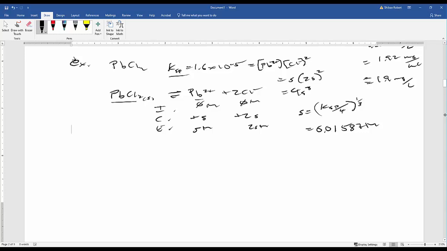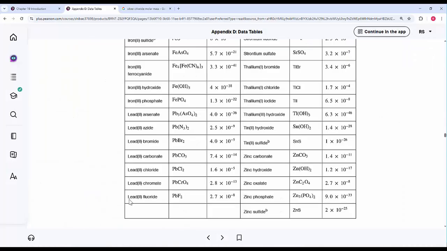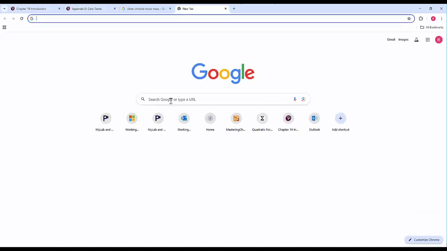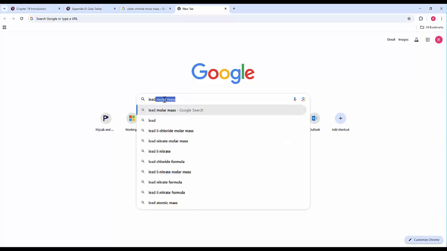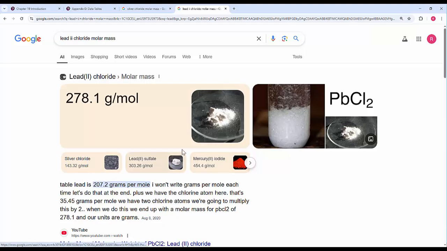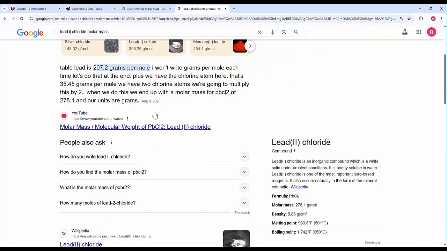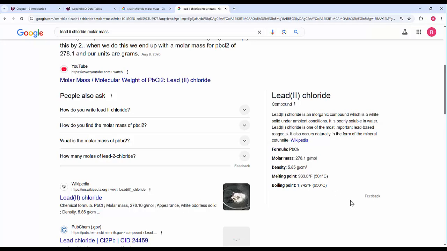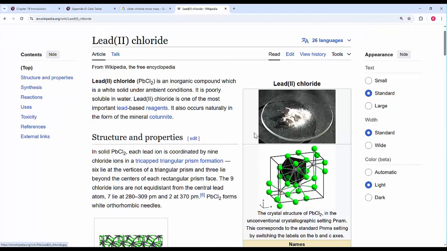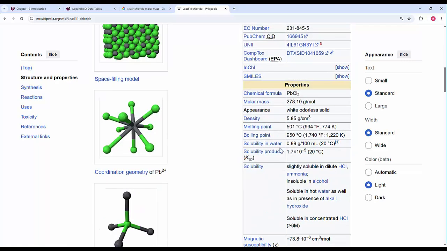And then let's go ahead and get the molar mass to see how many grams of lead-2 chloride dissolve per liter. Wikipedia has solubilities listed here.